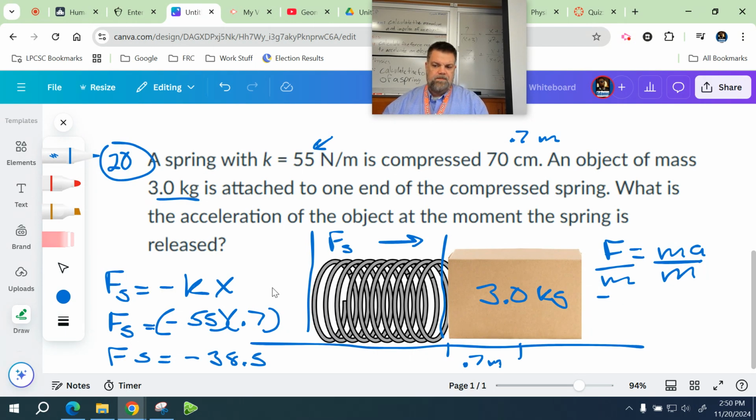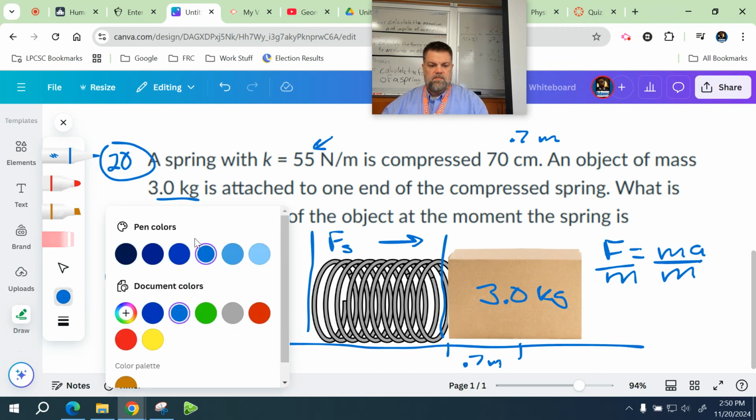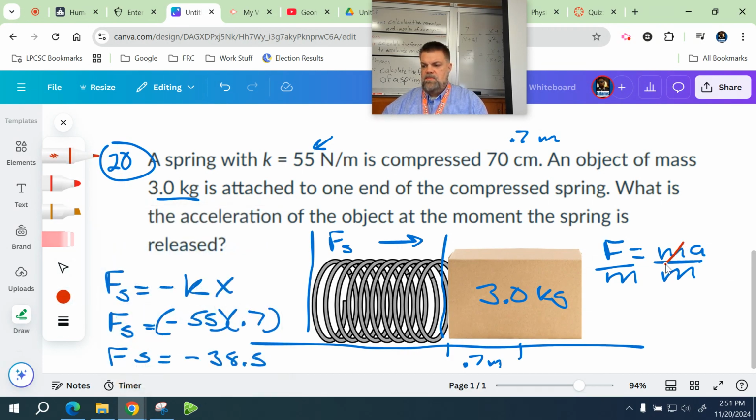So when I do this, these two will cancel, and I get that the acceleration is equal to the force divided by the mass. And we'll do that in a second. But I've got to come back to this formula here.